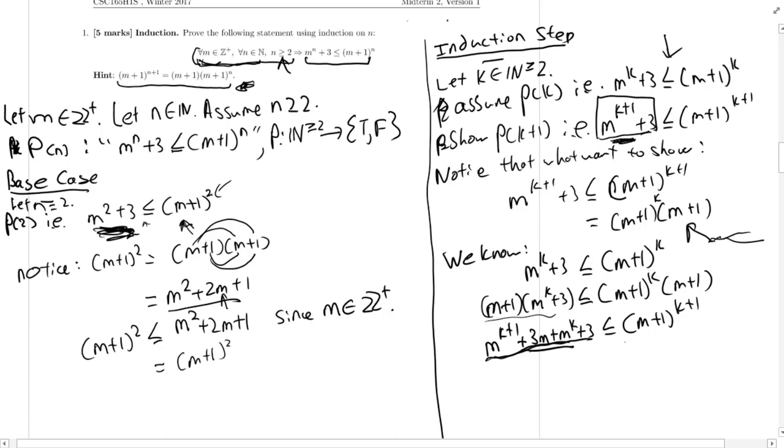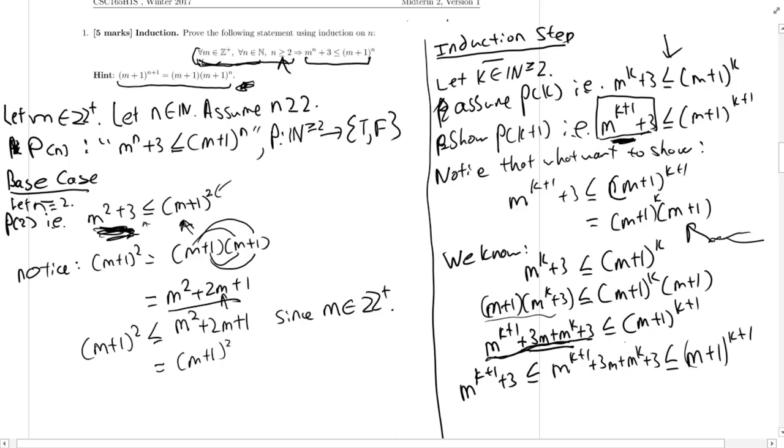So we write m times (k plus 1) plus 3 is smaller than or equal to m times (k plus 1) plus 3m plus m k plus 3, which is smaller than or equal to (m plus 1) to the k plus 1.